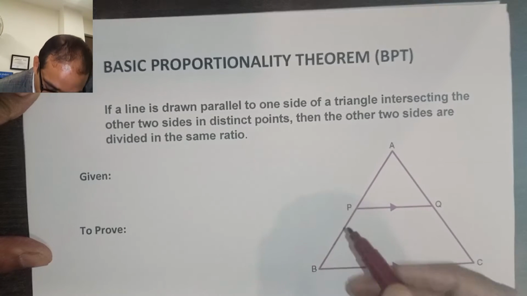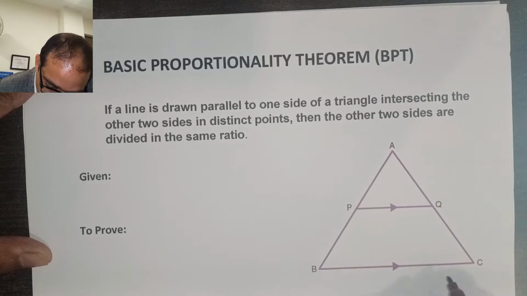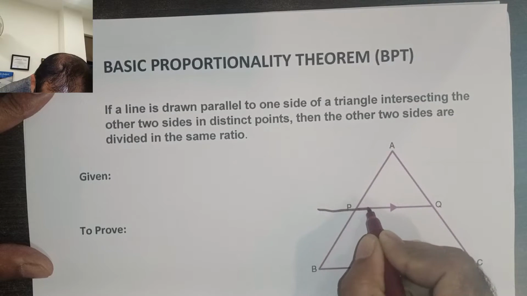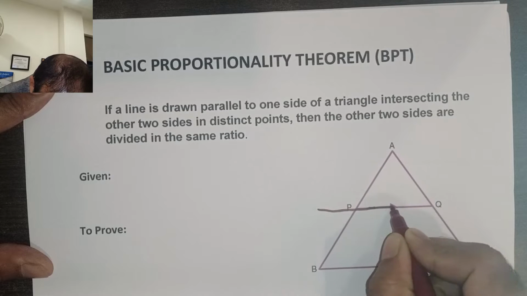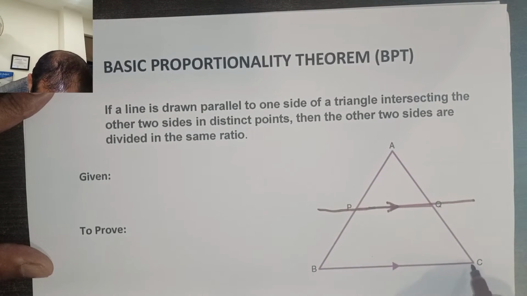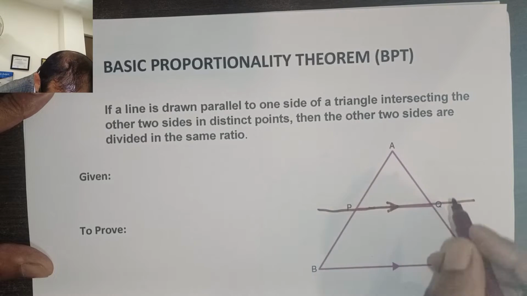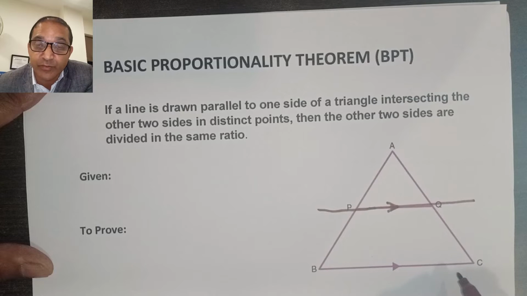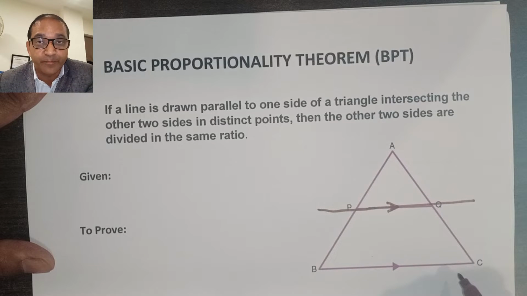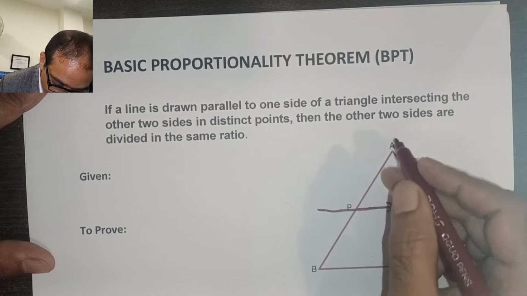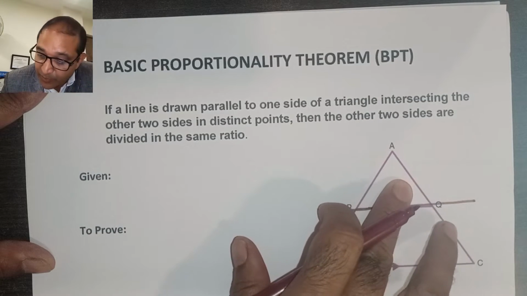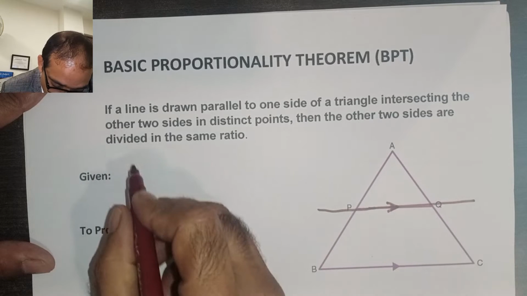This means if in a triangle ABC there is a line PQ which is parallel to BC, then this line divides the other two sides in the same proportion. That means this ratio, AP to PB, is equal to this ratio, AQ to QC.